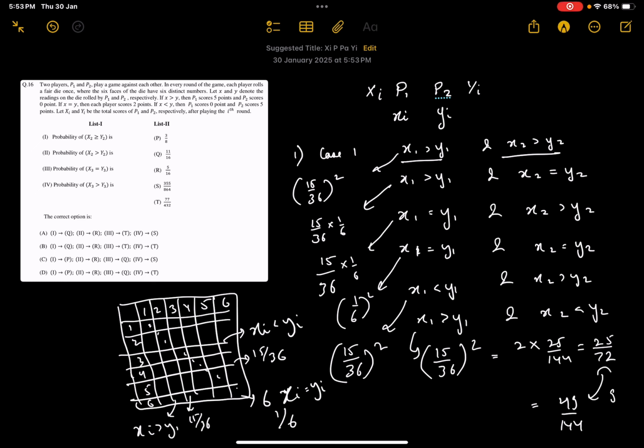Adding these two, we get 99 by 144, which is 11 by 16. So the first is mapped to Q.